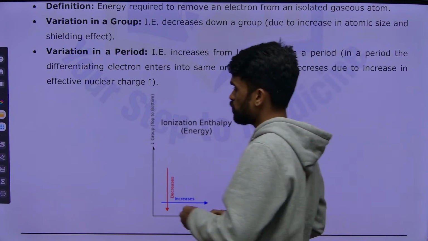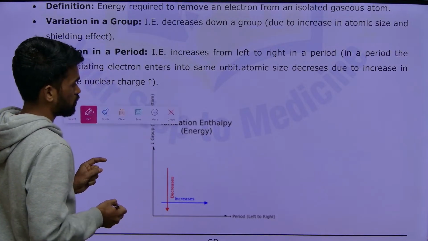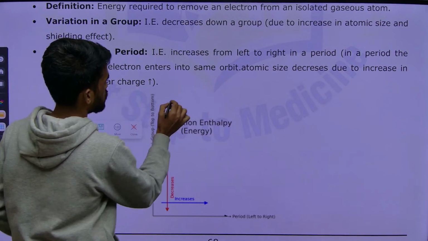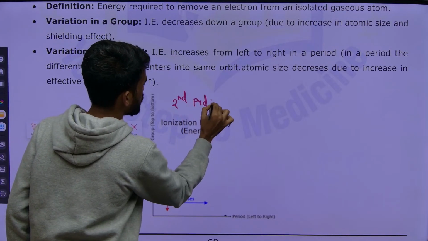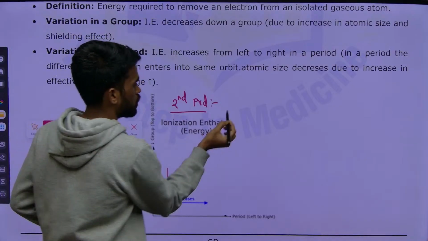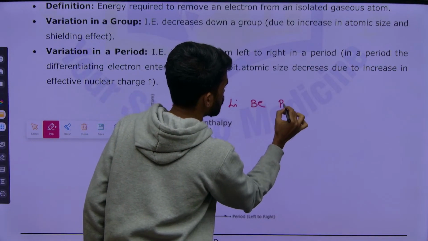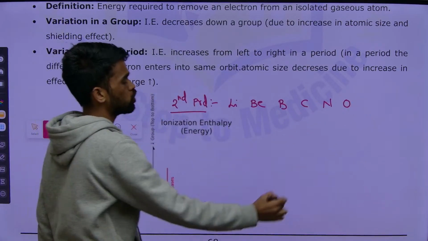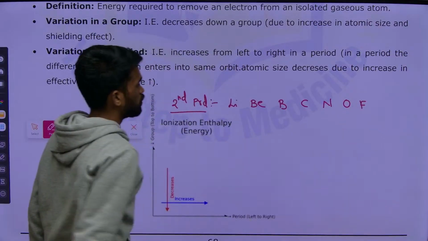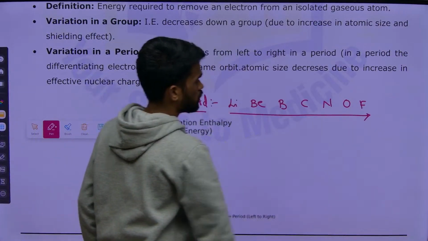It decreases. Take the second period elements: lithium, beryllium, boron, carbon, nitrogen, oxygen, and compare. Size is decreasing as we move from here to there.